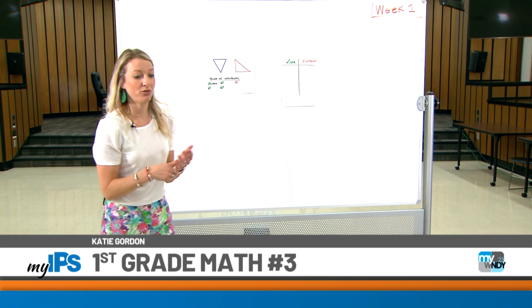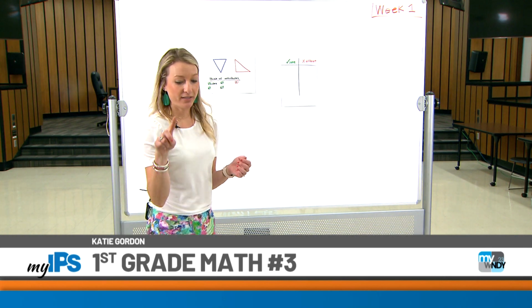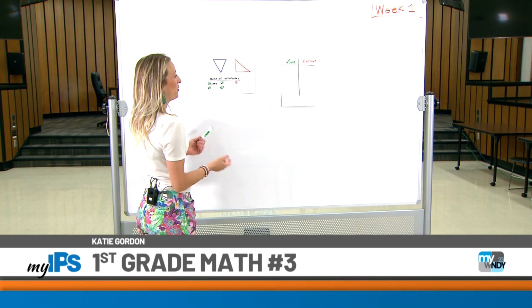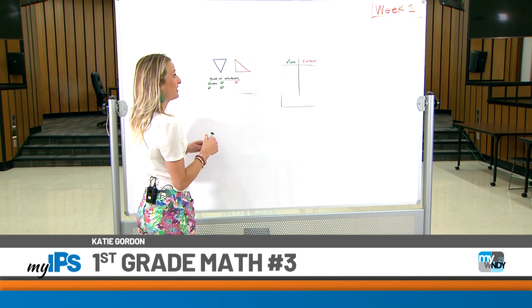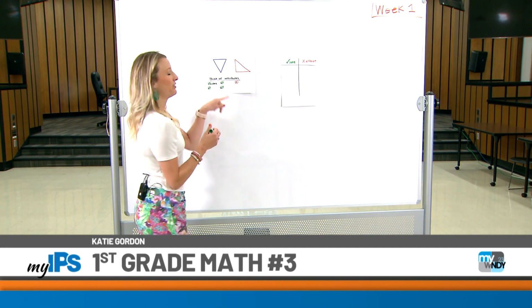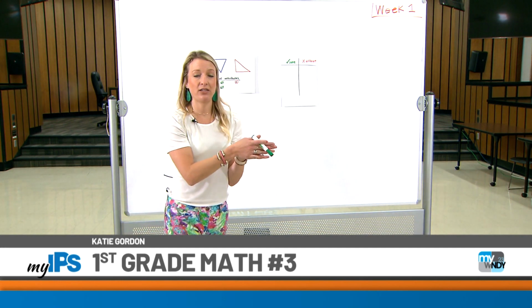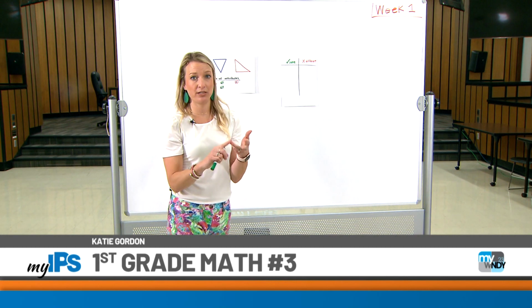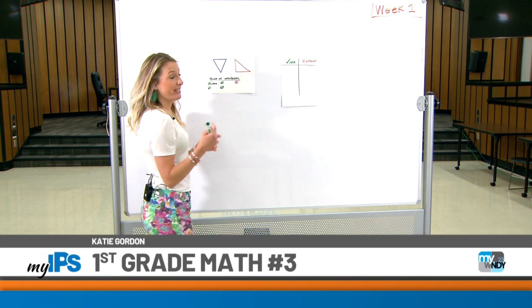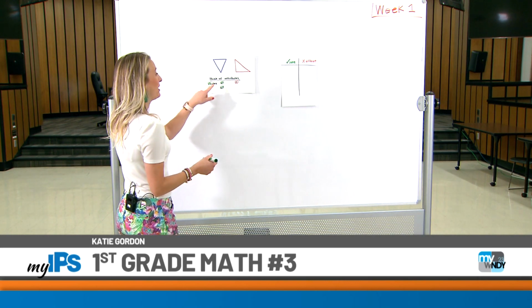So I just want you to use check marks for how they're the same, and I want you to use X's for how they're different. You could also use smiley faces and frown faces, whatever you think matches yours, but I want you to think about those attributes that we just discussed on the last problem. Sides, corners, colors, angles, the name of the shape. So I will give you a hint.